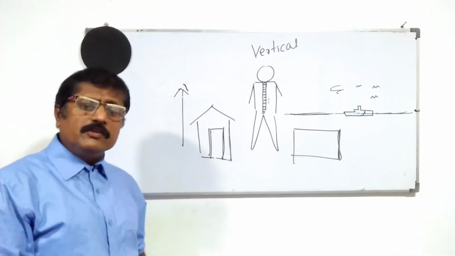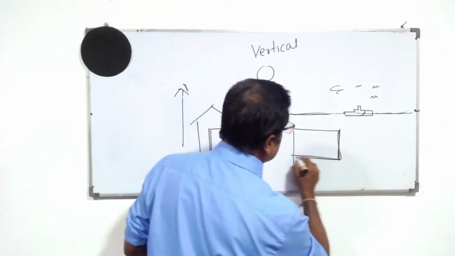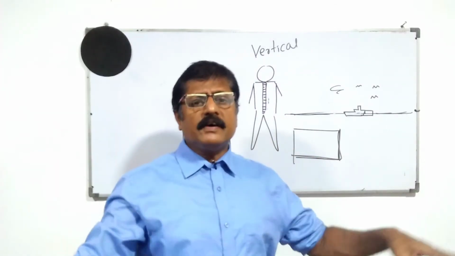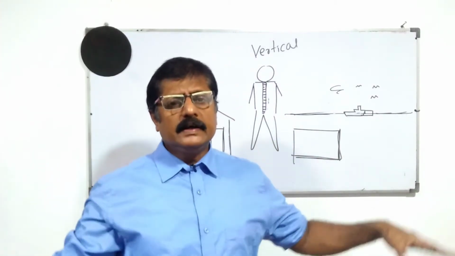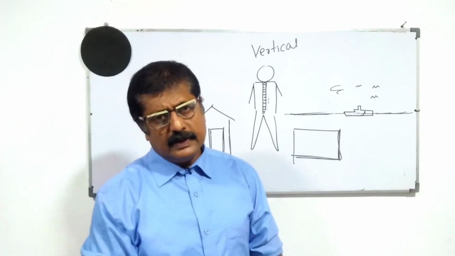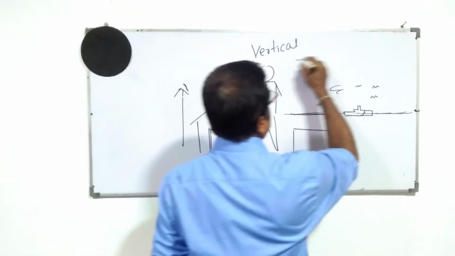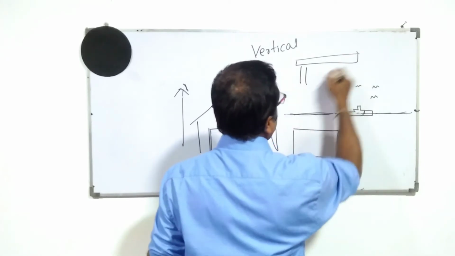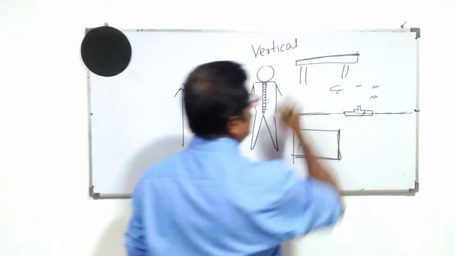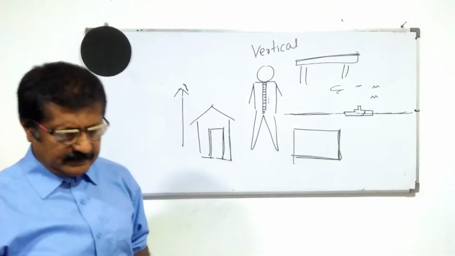Then horizontal things: this edge of the blackboard, the surface of the water in the well, the edge of the table, they are horizontal things, right?